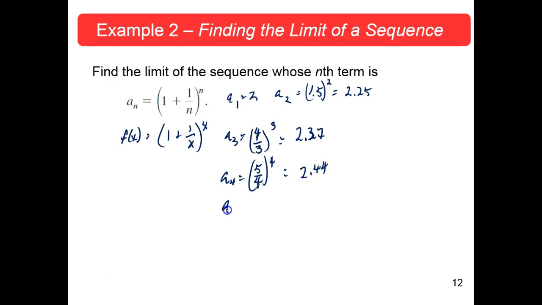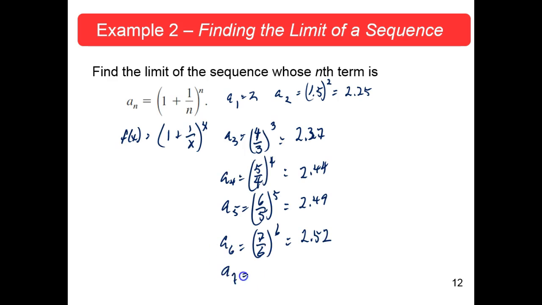A sub 5 would be 6/5 to the 5th, 2.49. A sub 6 is 7/6 raised to the 6th, 2.52. A sub 7 is 8/7 raised to the 7th power.